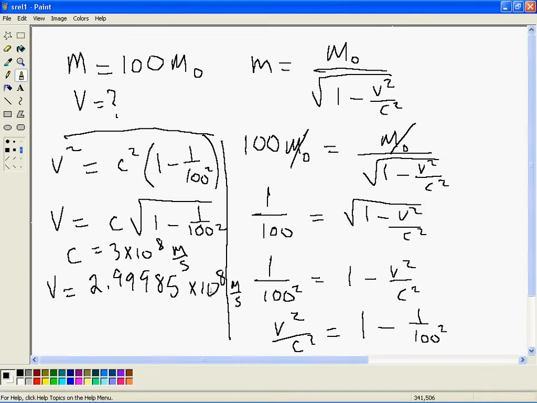Okay, so that's how fast this electron has to be going in order to be 100 times more massive.